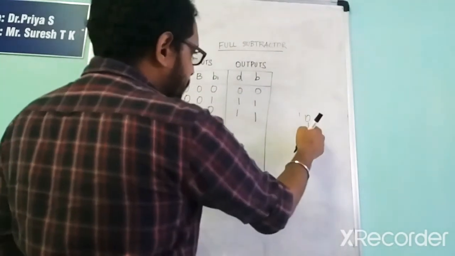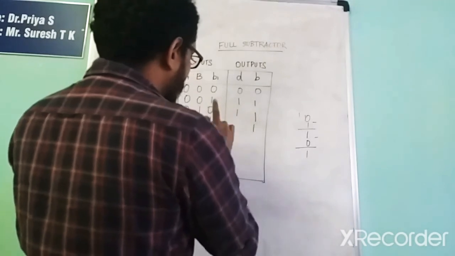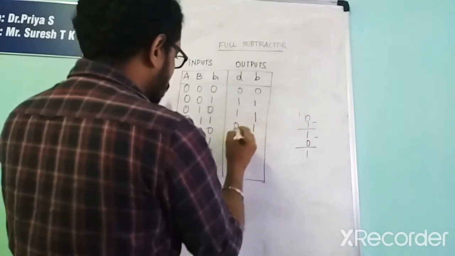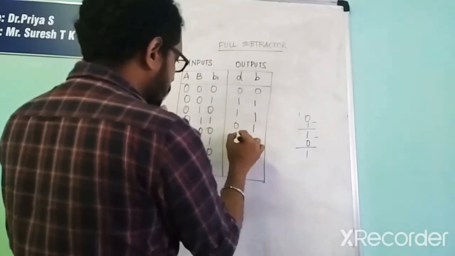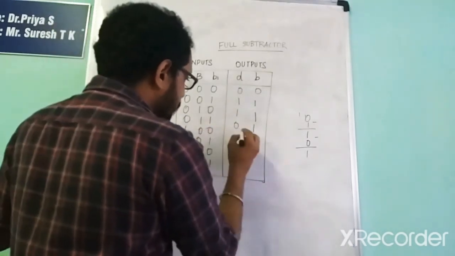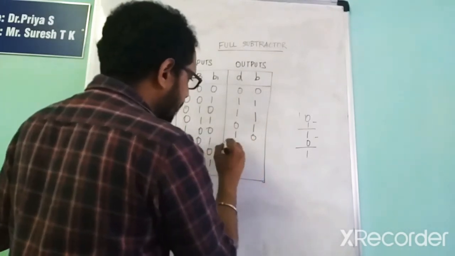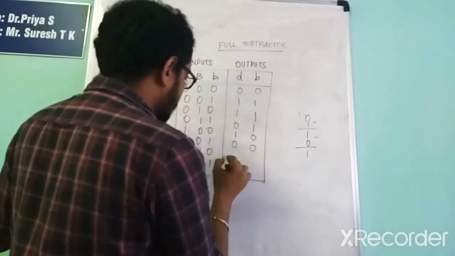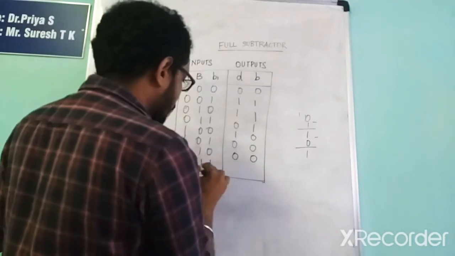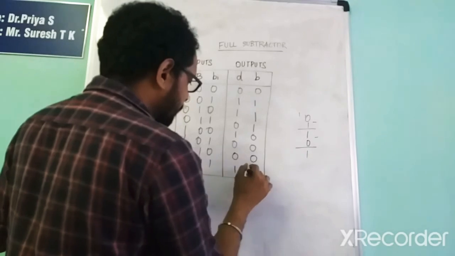0 minus 1 again, there is a borrow, we get 10 minus 1 means 1, 1 minus 1 is 0, 1 minus 0 is 1, 1 minus 0 is 1, 1 minus 1 is 0, 1 minus 1 is 0, 0 minus 1 is 1.